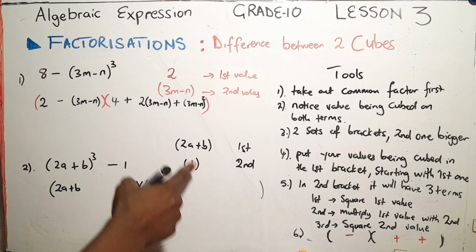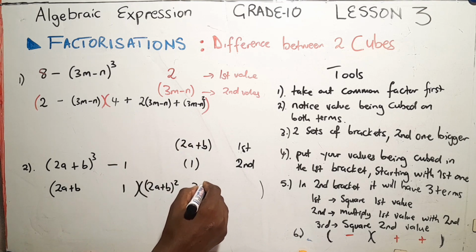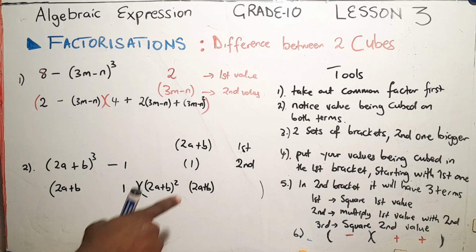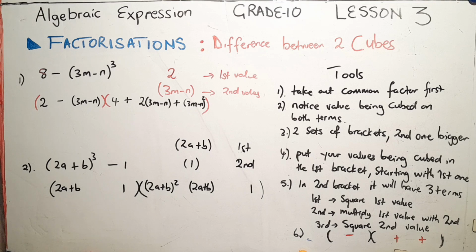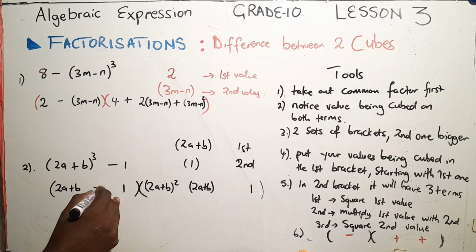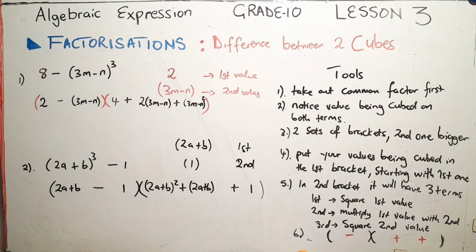And the second value, we multiply this value. So 1 multiplied by that just gives us 2a plus b. And lastly, we square the second value. So 1 squared gives us 1 still. And we are just going to put minus, plus, plus, like that. So this is how you can factorize.